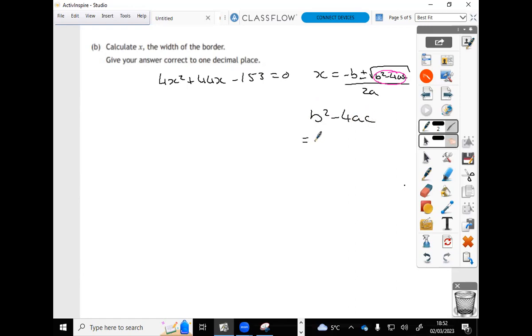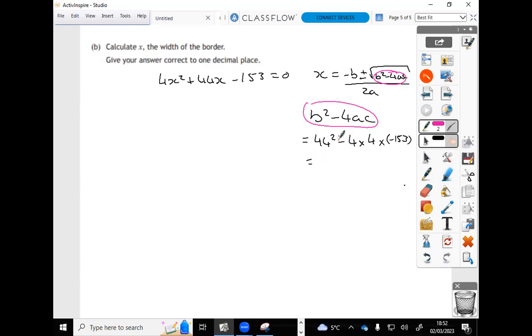b squared minus 4ac equals 44 squared minus 4 times a, which is 4, times c, which is negative 153. Remember, we're needing this to be positive.